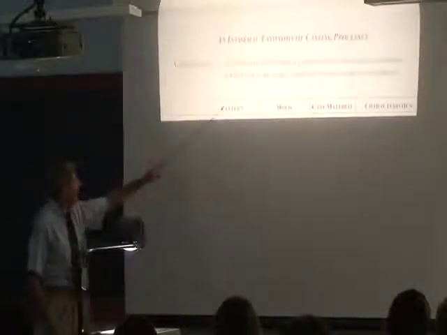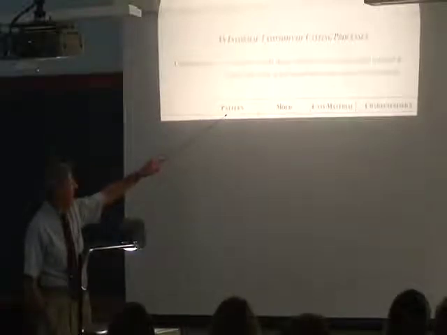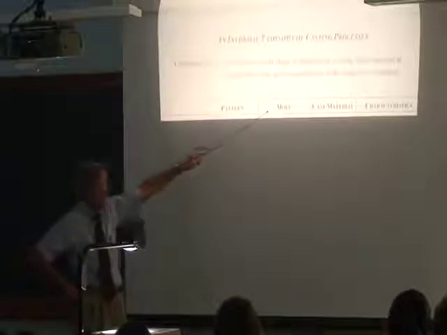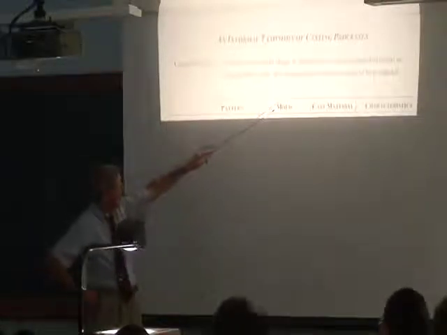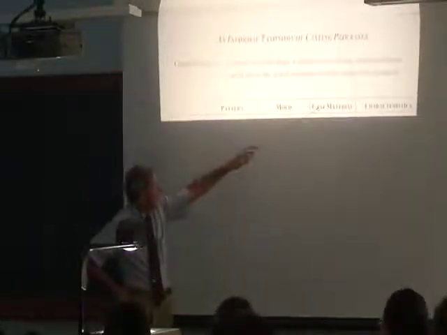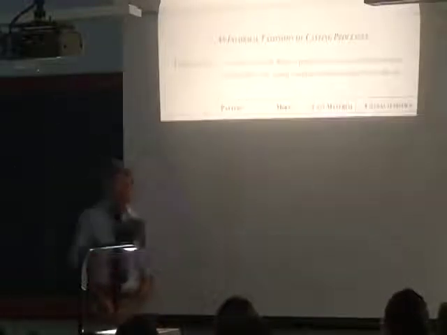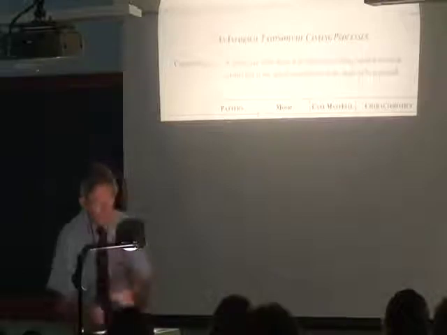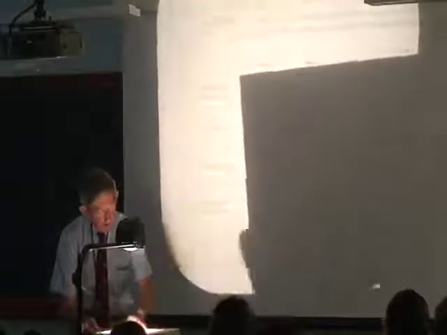So, you need a pattern, that's the model of what you're trying to make. You need the mold, which you make from the pattern, which you put in the material, the liquid material. Then you need the material itself, and then you have some characteristics.